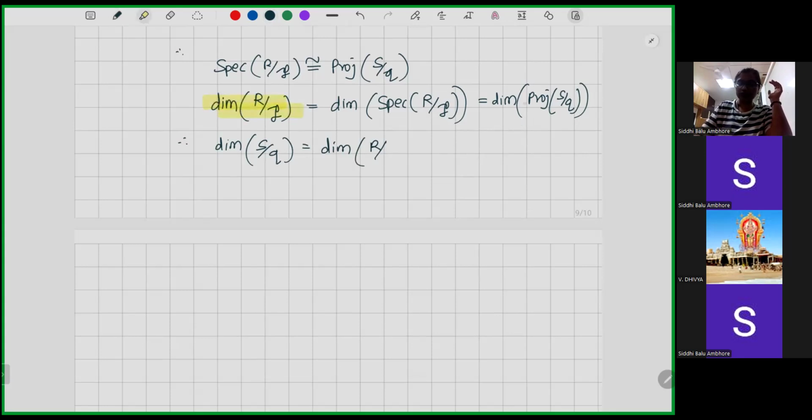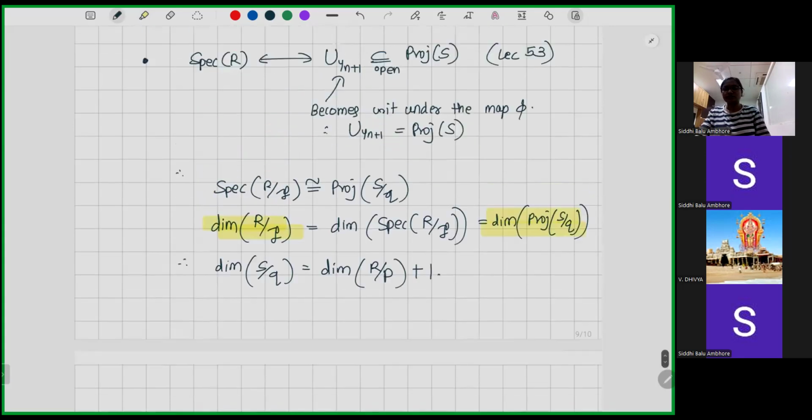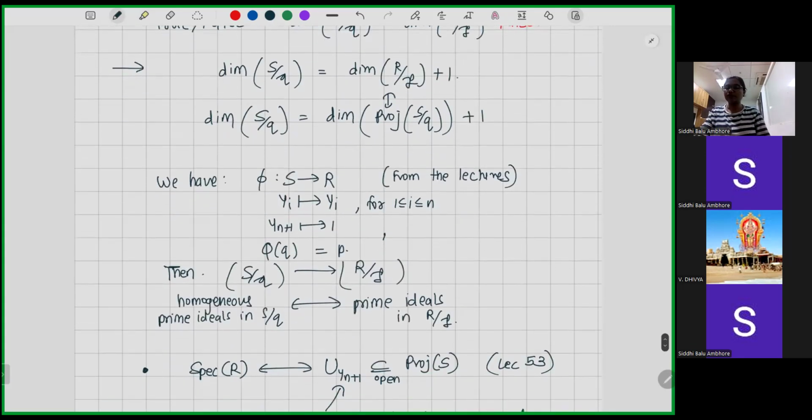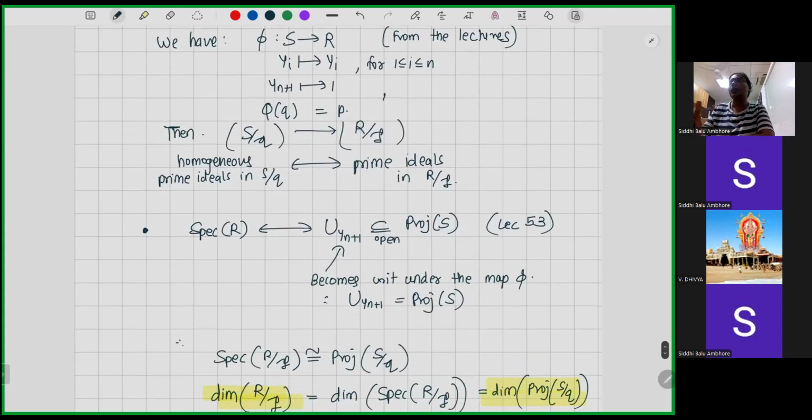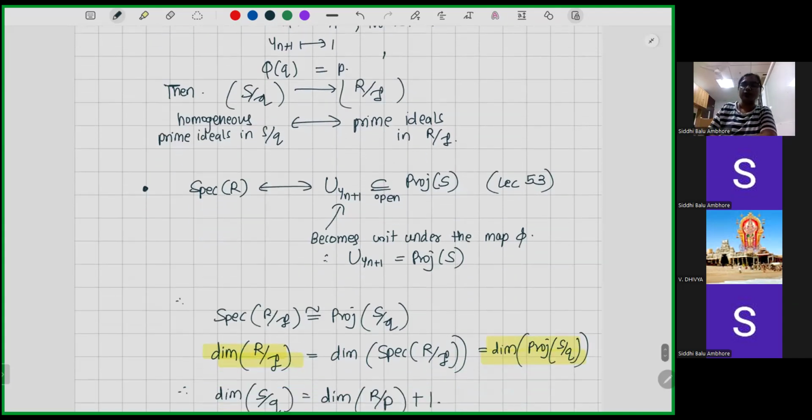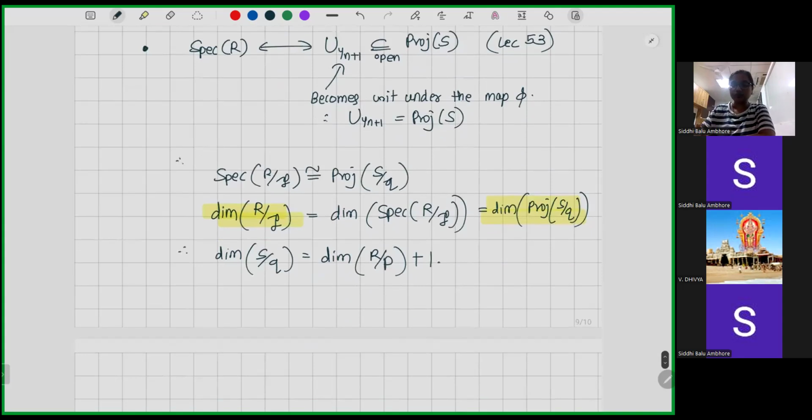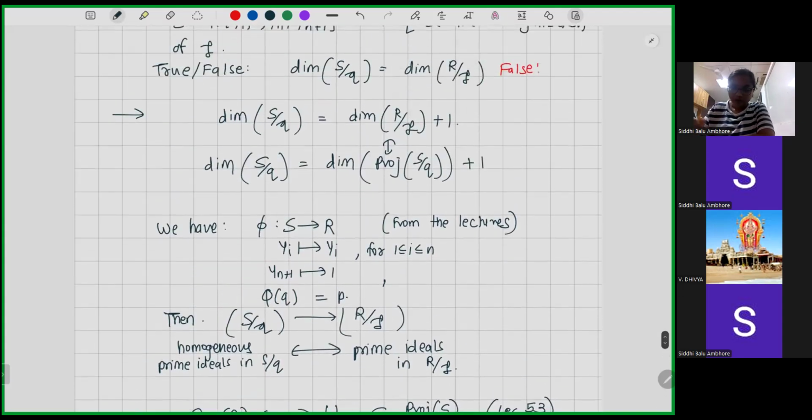These two things are equal, but yes, plus 1. So we got this just by this map and how the prime ideals in S mod Q are in correspondence with R mod P, and then this is isomorphic to this here.